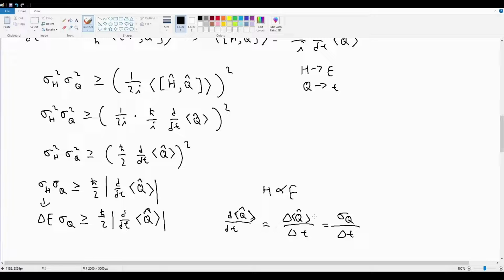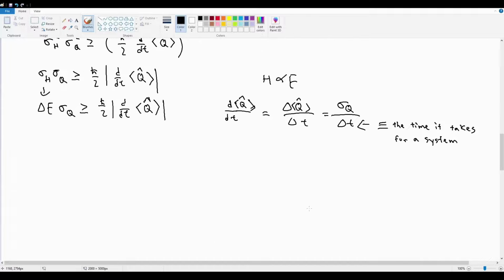And Griffiths is going to next say, okay, by definition, I'm going to say that this delta t, by his definition, is going to be defined as the time it takes for a system to change noticeably, or significantly, I suppose.